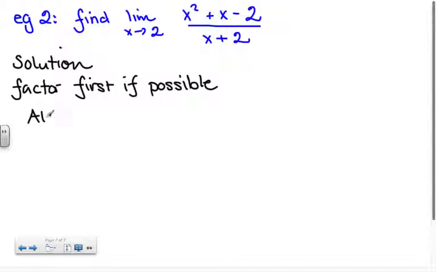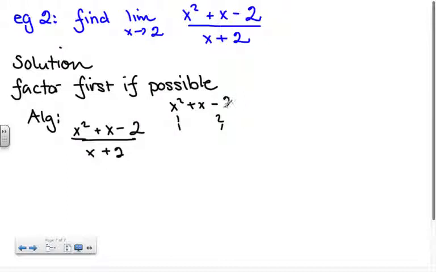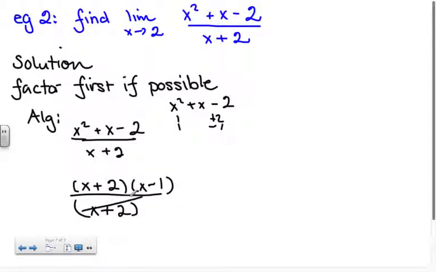So again, let's do our algebra on the side. We have x squared plus x minus 2 over x plus 2. Factor it. Positive 2, minus 1. So this becomes x plus 2, x minus 1, over x plus 2. The x plus 2's cancel each other.